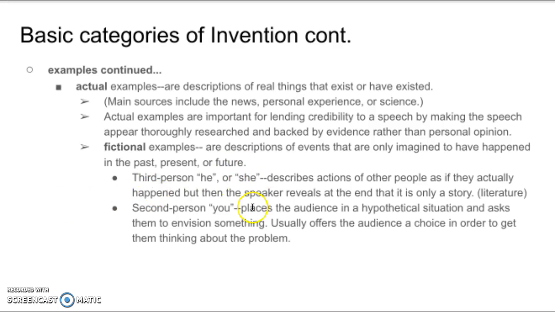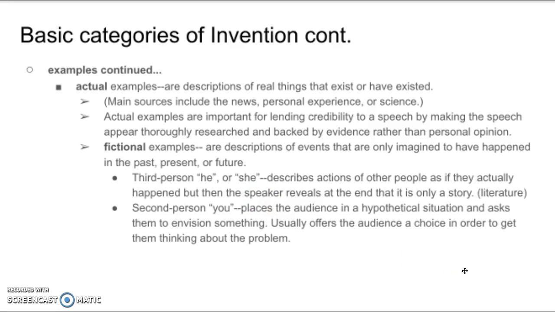The third-person approach would use the pronouns he or she, that third sort of objective viewpoint, and it would describe actions of other people as if they actually happened, but then the speaker reveals at the end that it's only a story. This happens quite frequently when we are using stories or narratives from literature to try to illustrate or exemplify something.